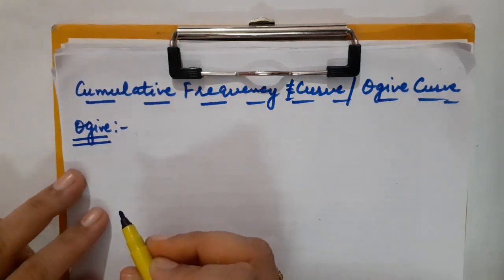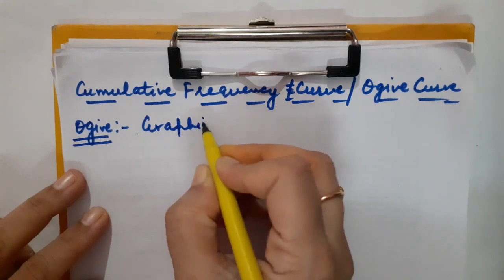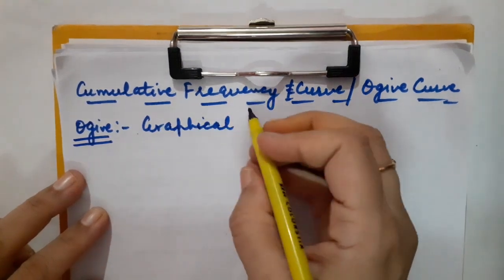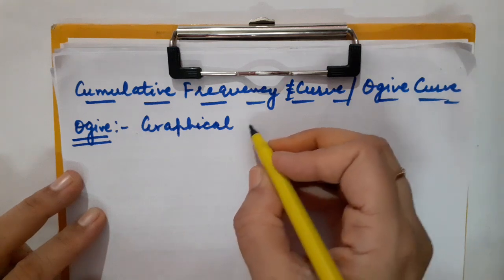Ogive curves are nothing but the graphical representation of the cumulative frequency distribution.